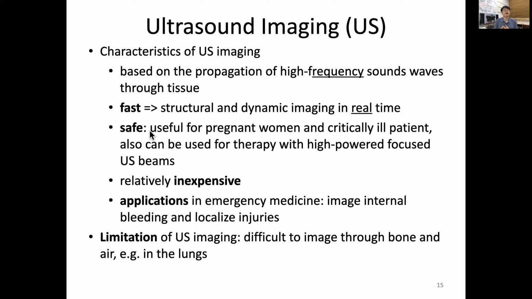And think about how to generate ultrasonic waves. You may consider we only need a kind of membrane to vibrate at a certain frequency of our interest, let's say 1 megahertz. Then this membrane vibration, like a speaker with high frequency, will generate a dense and coarse pattern of these sound waves.